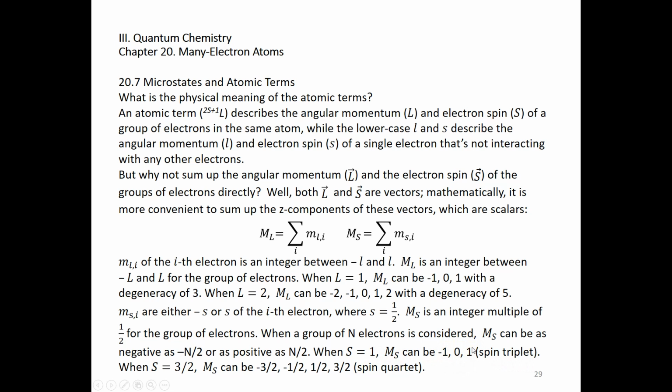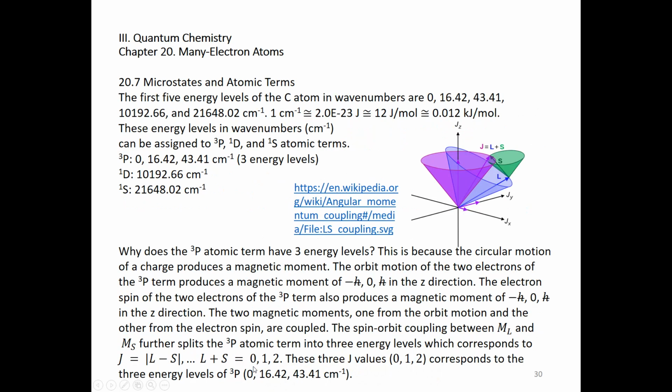Carbon has a 3P atomic term, and 3P means 2S plus 1 is 3, so S is equal to 1. The Z component can be negative 1, 0, or 1, because we are looking at a group of 2 electrons. Also, S can be even more than 1. It can be 1.5. Then the Z component can be negative 1.5, negative 0.5, 0.5, or 1.5. It's called a spin quartet because we have 4 possible values for M sub S.